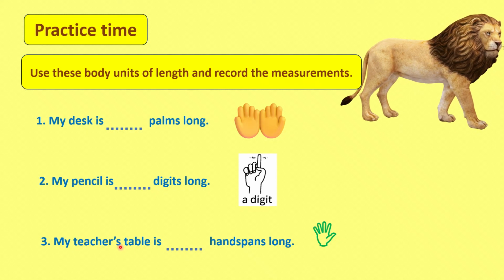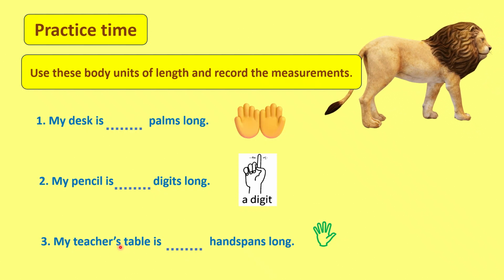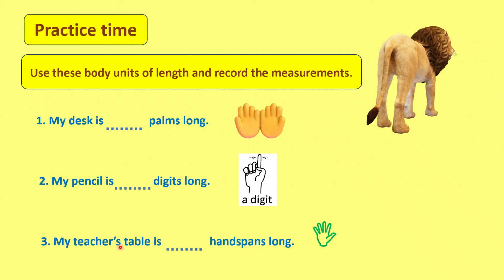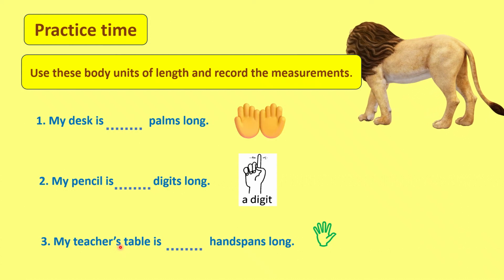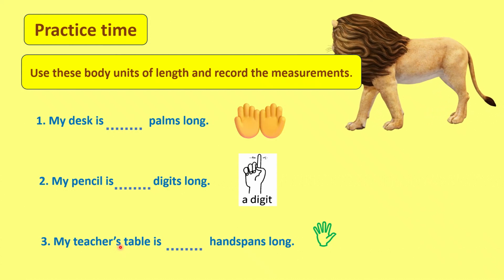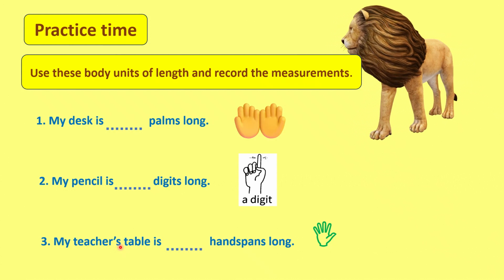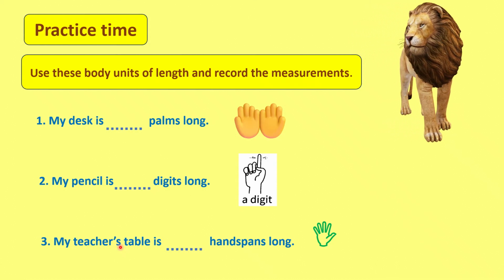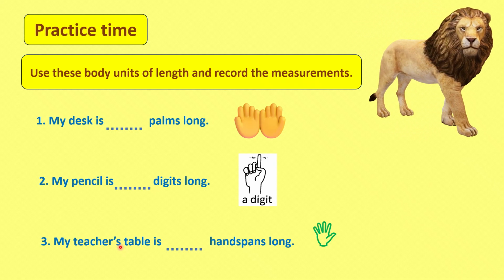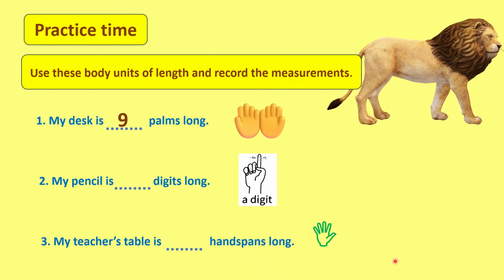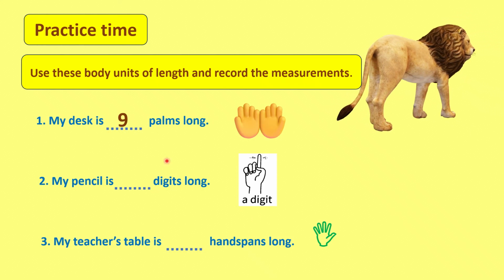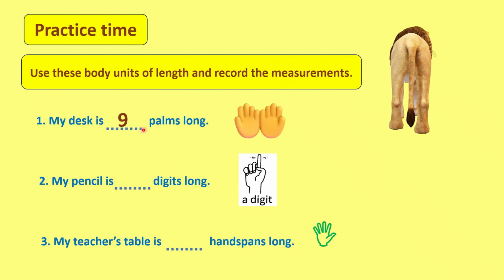A teacher's table is where they put their attendance register, their chalks, their water bottle also. So you have to just measure their table with your hand span, how much longer they are. Now we just put the answer with it.